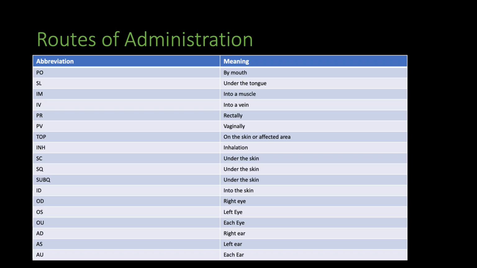But at least having this basic understanding of SIG codes will go a long way in making life easier when writing out directions that the doctor gives over the phone, or whenever you're looking at a prescription and trying to understand what the directions are stating. So these tables should be useful to you whenever you come across any of these types of SIG codes.